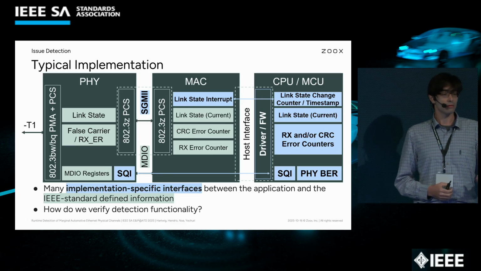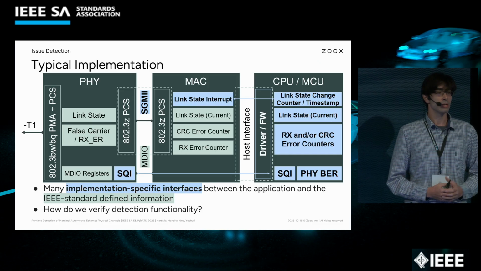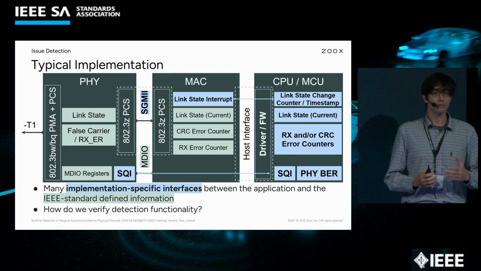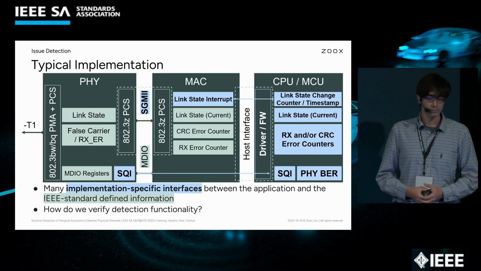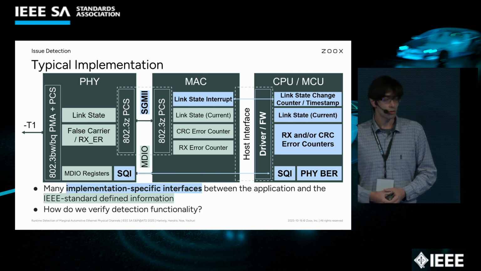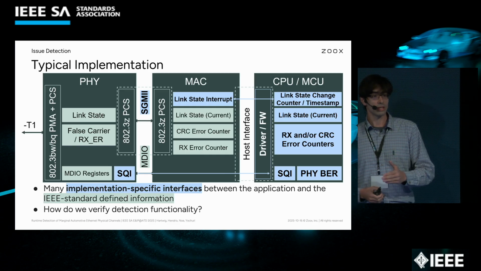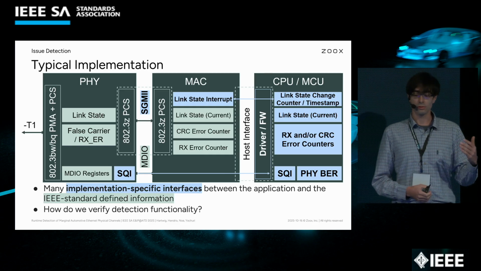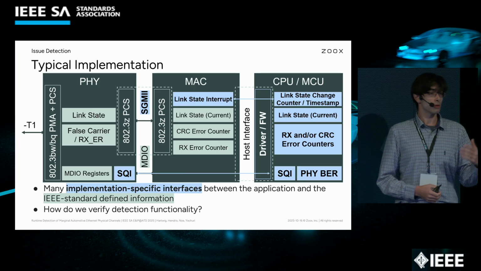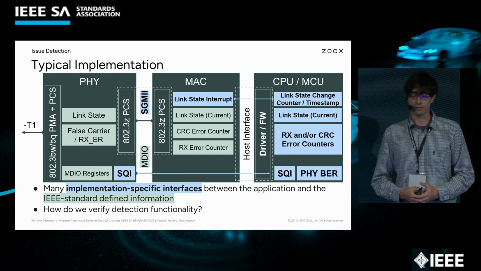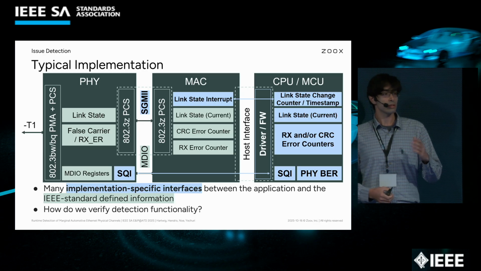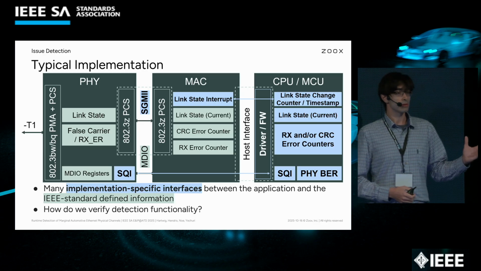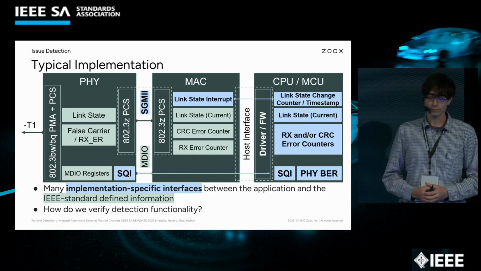And the underlying information we want to get to, in green, is information that's standardized by 802.3. Notably, in order to get to all of the standard information we want, we need to pass through a non-standard, or kind of beyond the standard, interface to get to it. So it's really important that that plumbing exists all the way through.